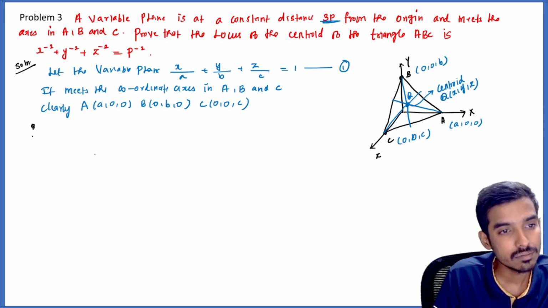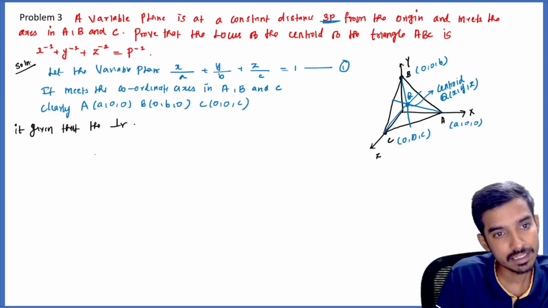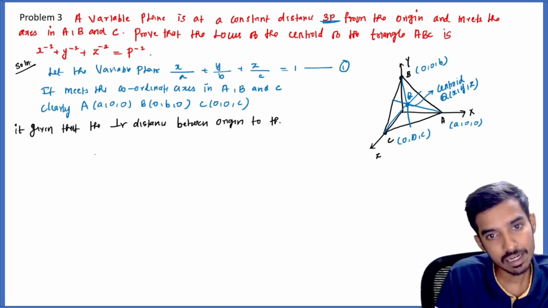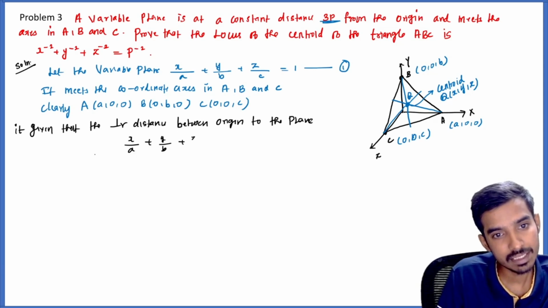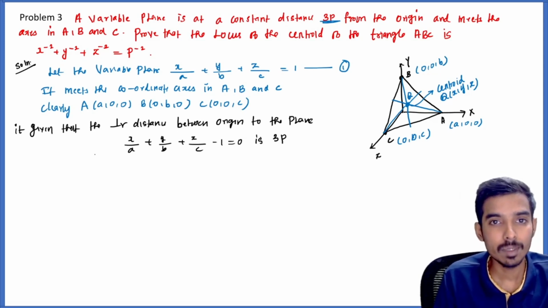It is given that the perpendicular distance from the origin to the plane x by a plus y by b plus z by c minus 1 is equal to 0 is 3 times p, right? So we know the formula for perpendicular distance.